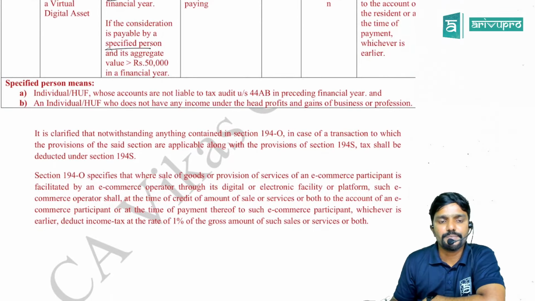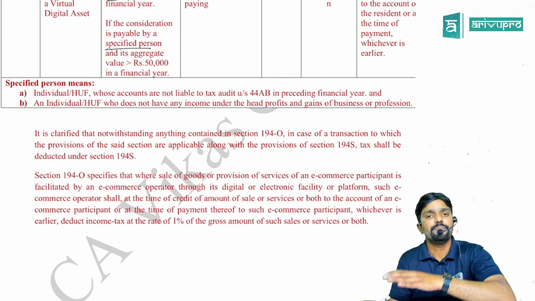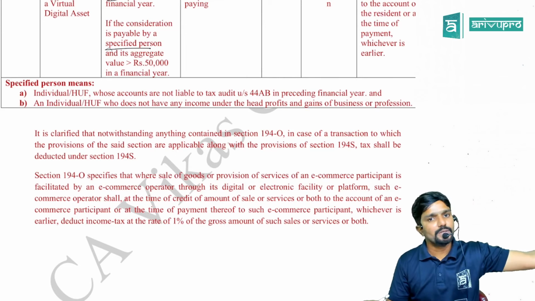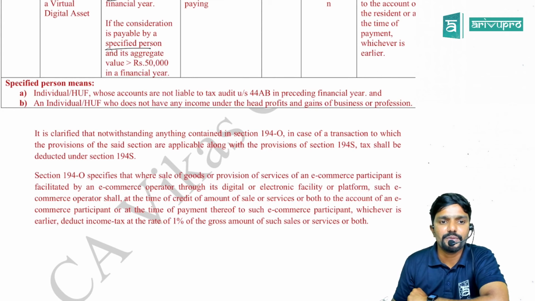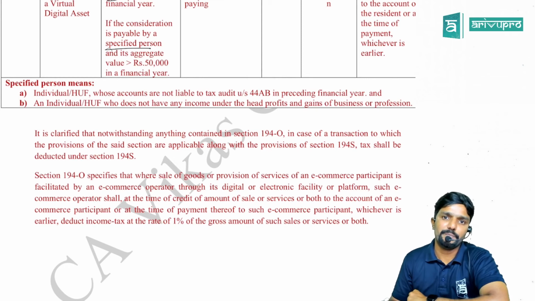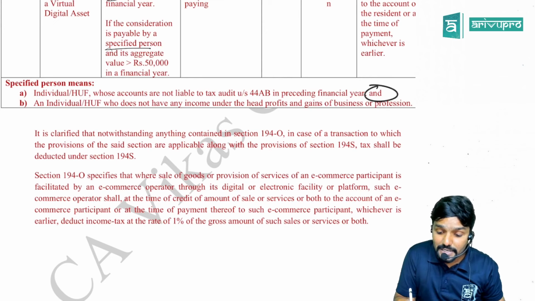Specified person means an individual or HUF whose accounts are not liable to tax audit under section 44AB in the preceding financial year. So he was not covered under section 44AB in the preceding financial year. Then an individual or HUF who does not have any income under the head PGBP. Both conditions have to be satisfied because 'and' is there in between.